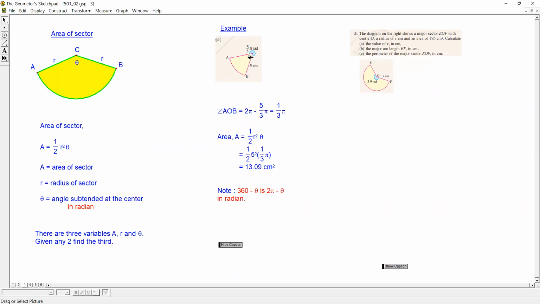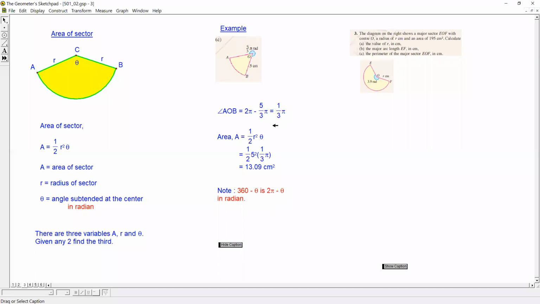So you have to find the angle on this side here. So how to find this angle here? 360 minus the other side, you will get this side. But 360 is 2 pi, so we use 2 pi minus 5 over 3 pi and we get 1/3 pi. So we know that the angle that we want is 1/3 pi.